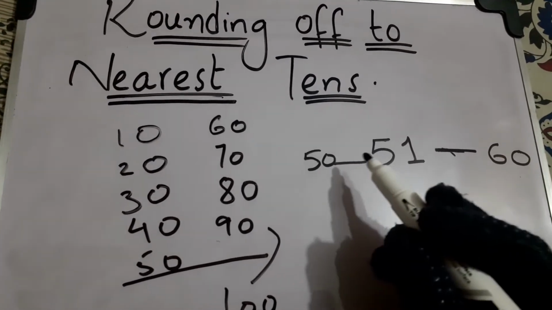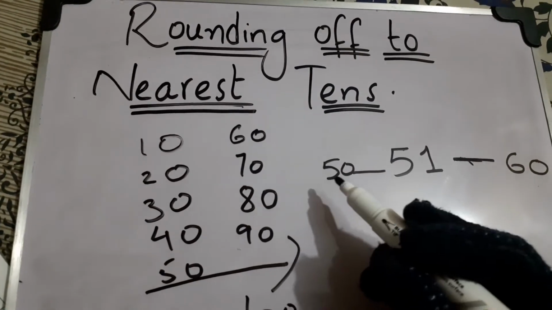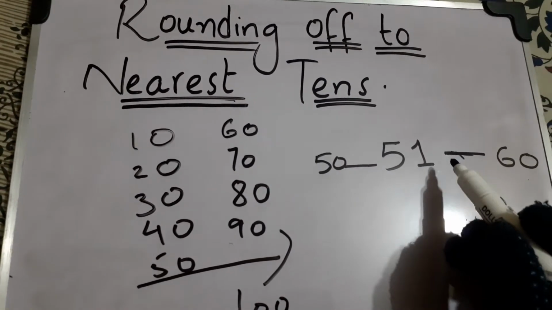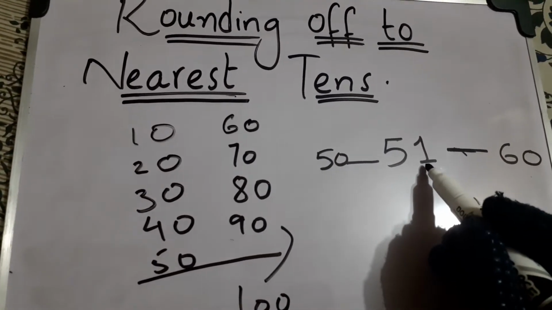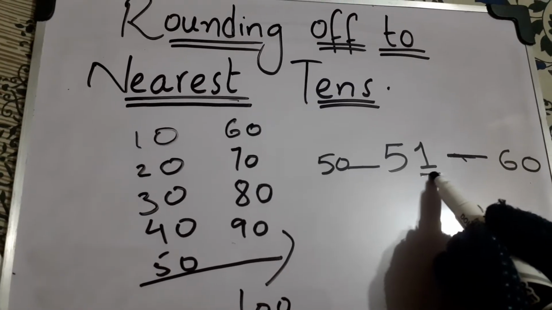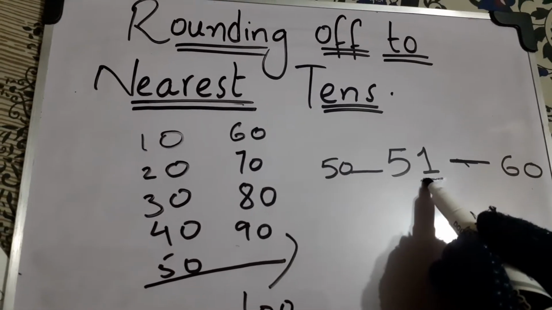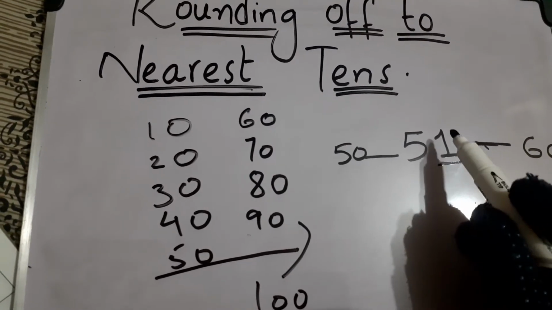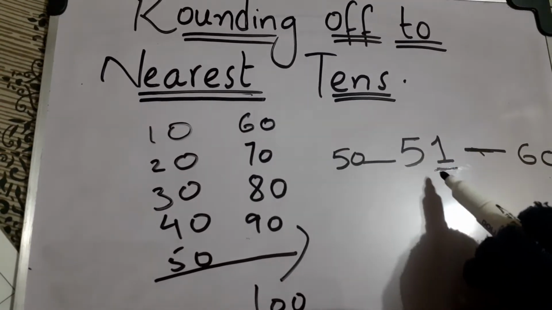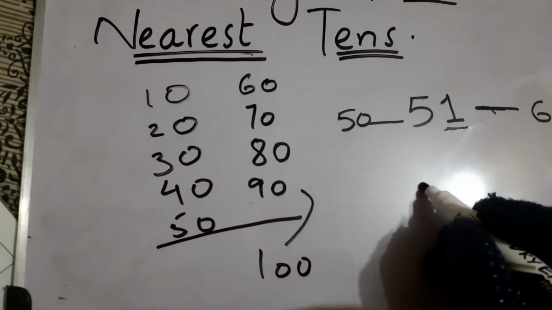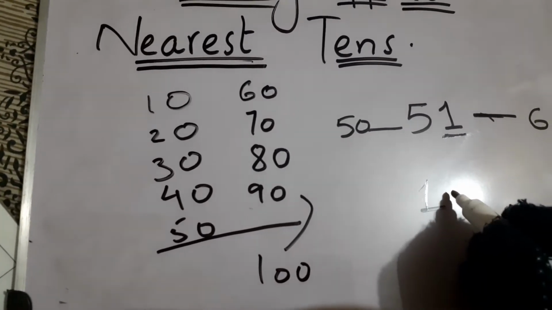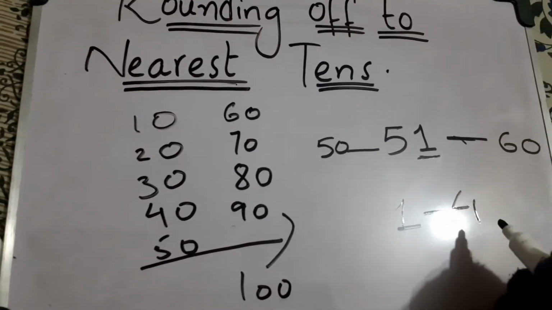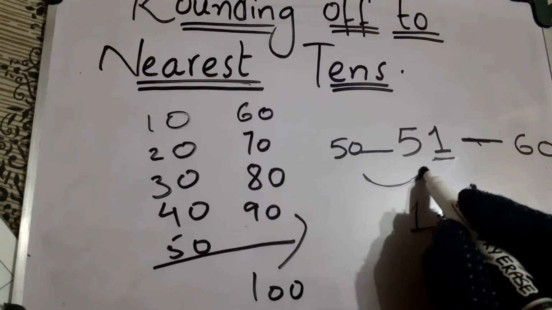But how will we find out whether we have to take the number to 50 or to 60? It will be decided by the last unit of the number, and the last unit of the number is 1. If the last unit of the number is from 1 till 4, the round off goes back.